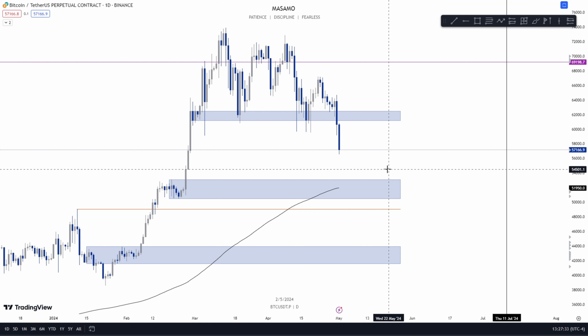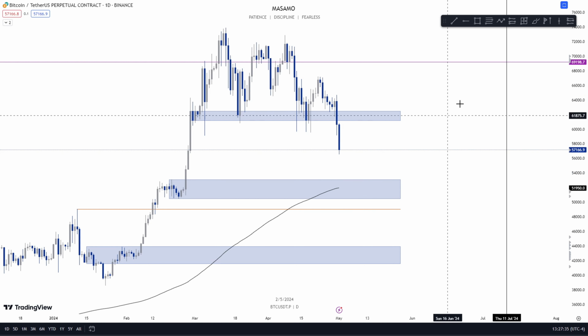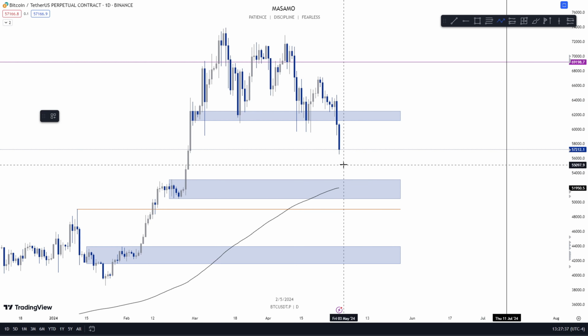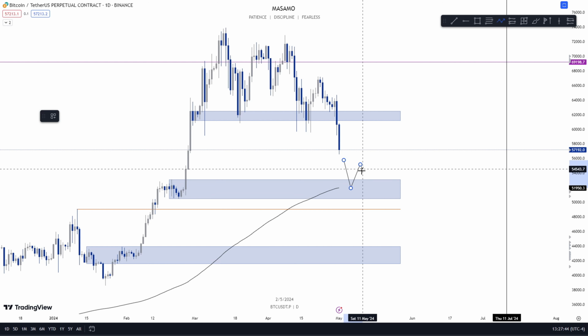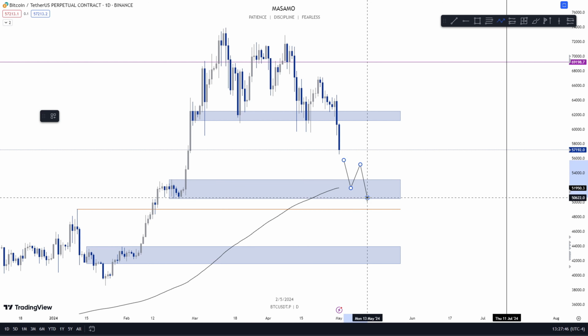So price comes down, and look at how logical it would be. Come down, hold the 200 EMA as a support, have a little retracement, then come down and break down that 200 EMA. We have a couple of daily candle closes under that 200 EMA, and then everyone will turn bearish, because oh my god, we broke the 200 EMA to the downside, now we're going to have a bear market.